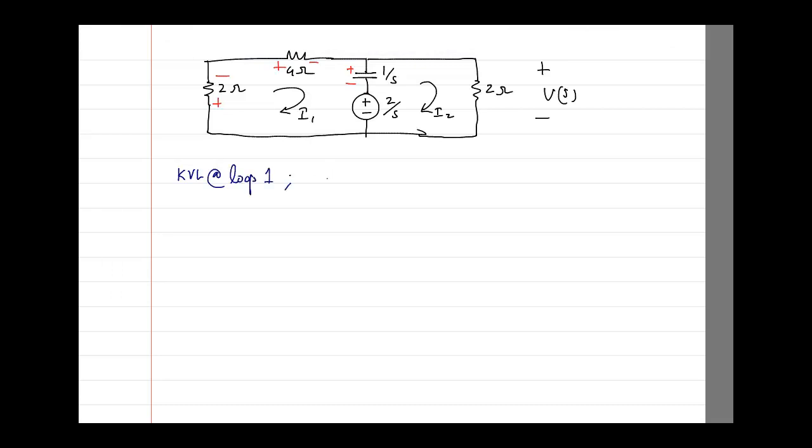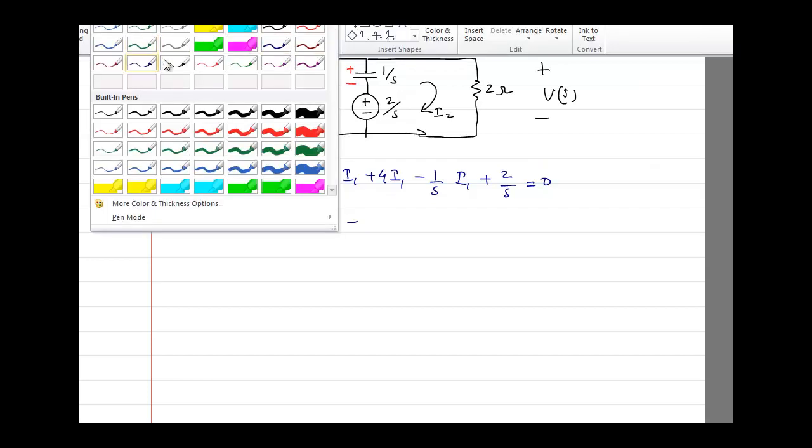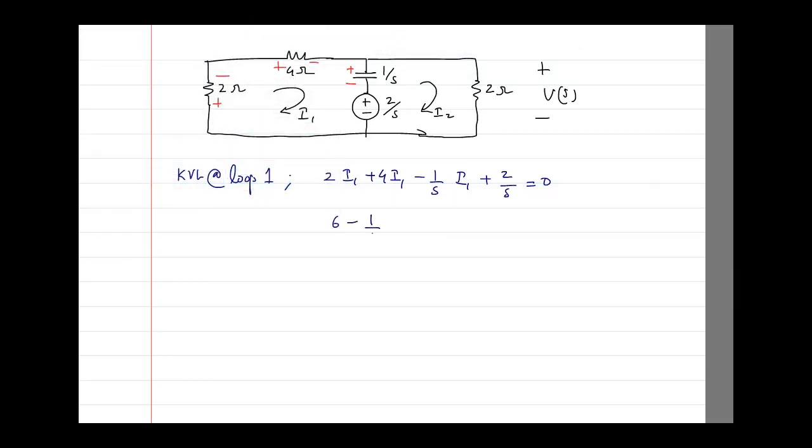KVL at loop 1 is going to be from back of the element 2I1 plus 4I1 plus 1 by S I1 plus 2 by S is equal to 0, from which if I take I1 commonly, I will get 6 minus 1 by S into I1 is equal to minus 2 by S.